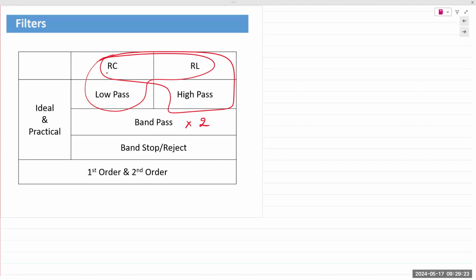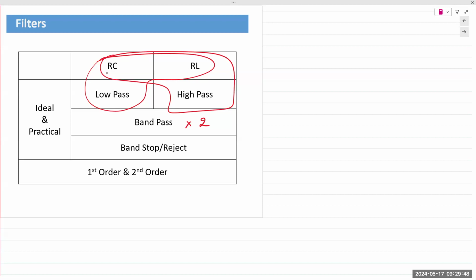Chapter 4, transient analysis. I said if you have one energy storage element, you have a first order differential equation. Hence, we call it a first order circuit. Similar to that, filters also come in multiple different orders. If it's one energy storage element, we refer to it as a first order filter. If it's more than one, second order, third order, fourth order, and so on.